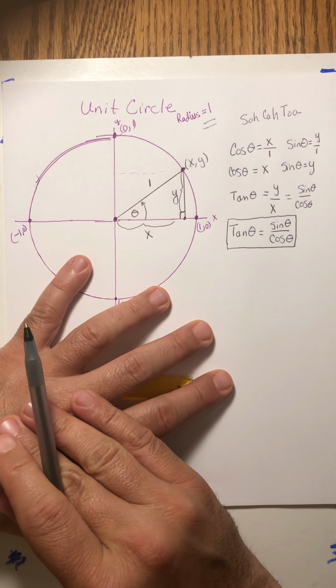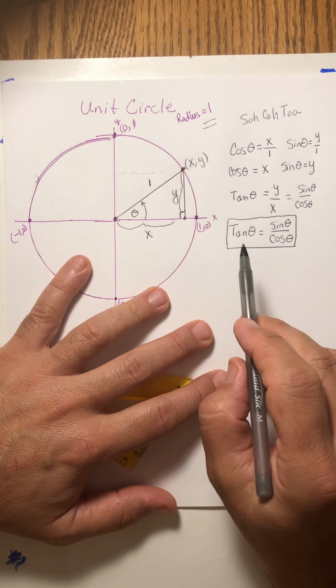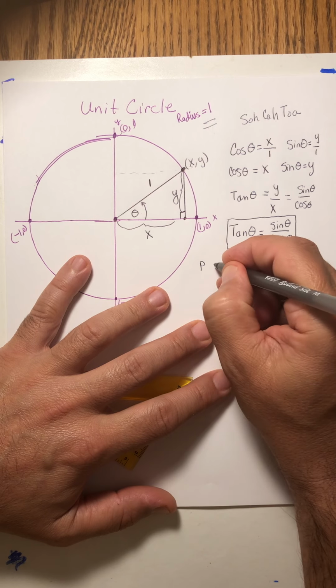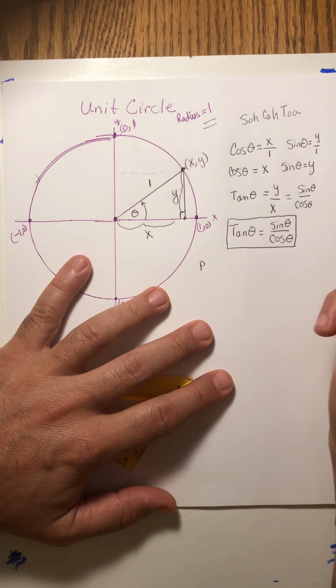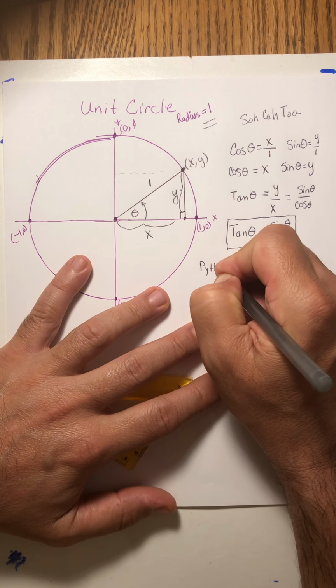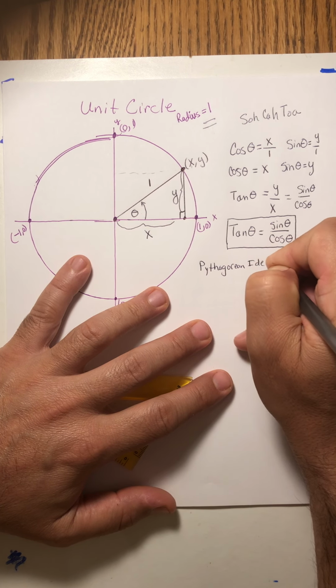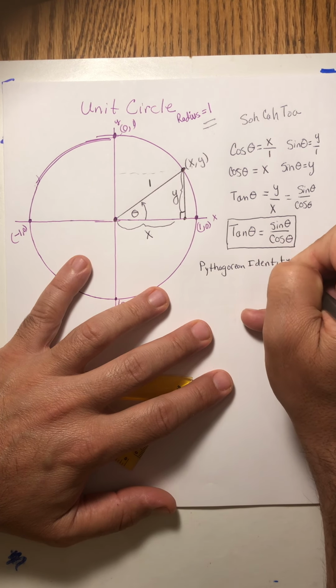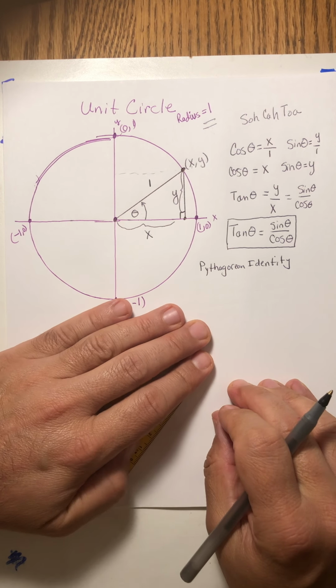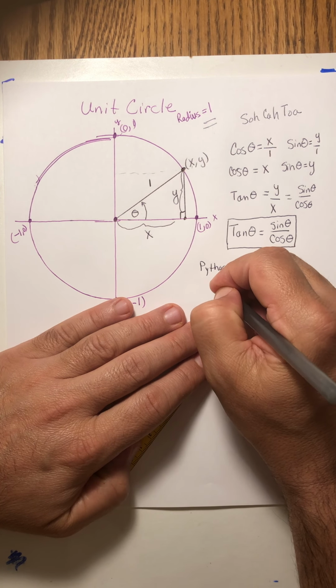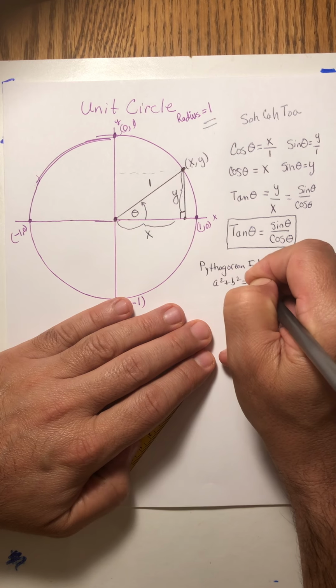All right, another thing that we get from the unit circle is what's called the Pythagorean identity. We have 3 Pythagorean identities. We're going to pick up one today. Okay, remember the Pythagorean theorem? A squared plus b squared equals c squared.